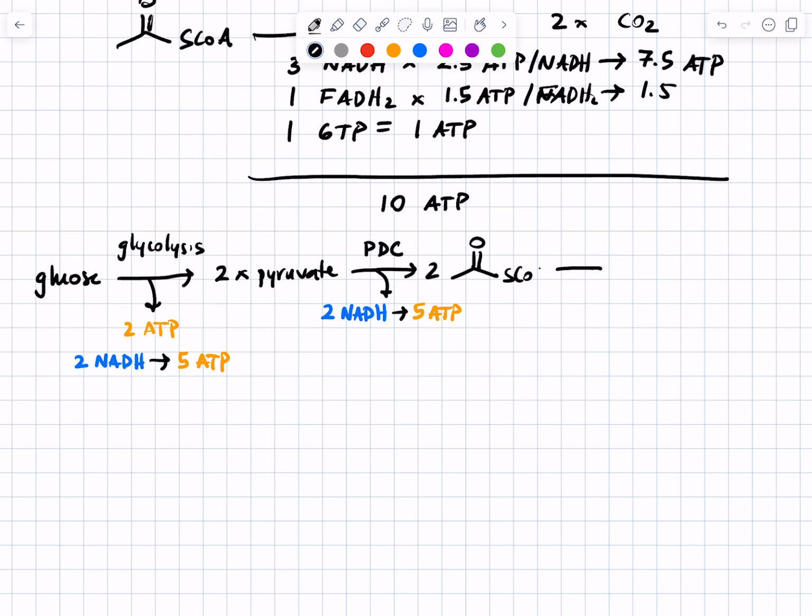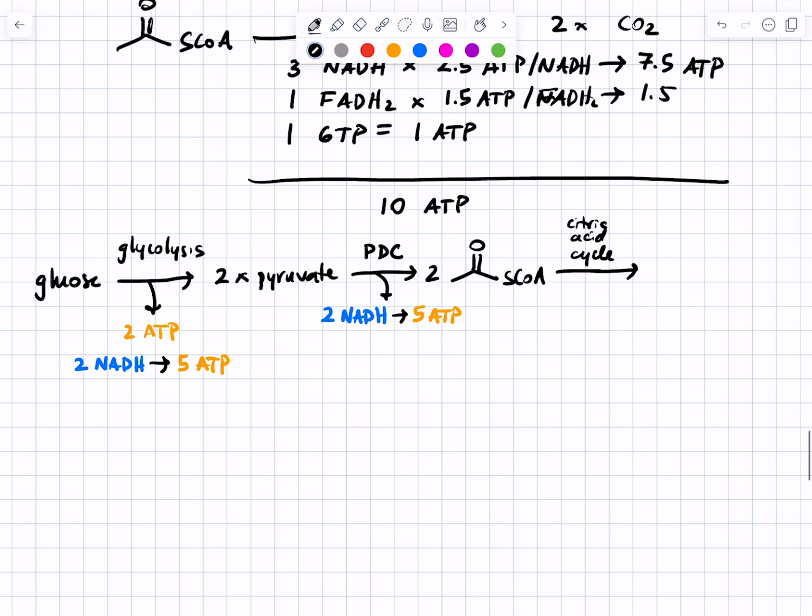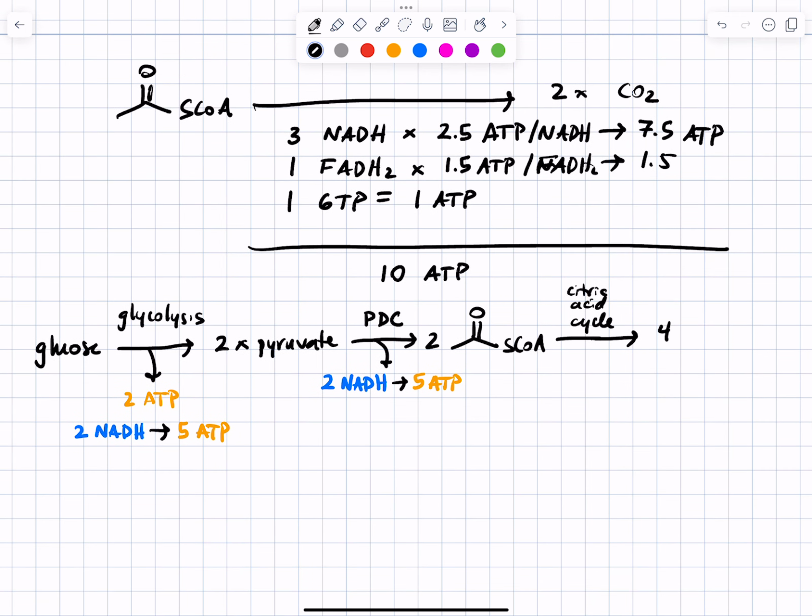And in the citric acid cycle, as you've just seen, for every molecule of acetyl-CoA, we get 2 molecules of CO2. For every time through the citric acid cycle, we get 2 molecules of CO2. So 4 if we start with 2 acetyl-CoAs.